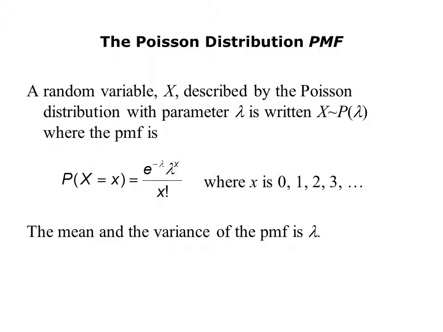The probability mass function for the Poisson distribution looks very different than we got for the binomial distribution. Here we need to calculate the probability of a certain number of occurrences x as e raised to the minus lambda, and lambda is the parameter of the distribution, multiplied by lambda raised to the x divided by x factorial.